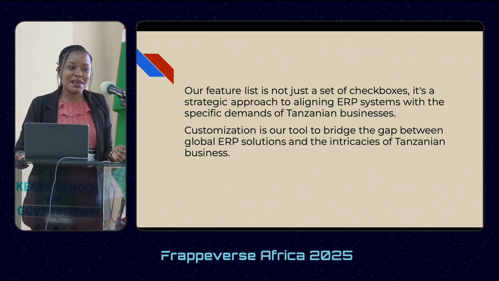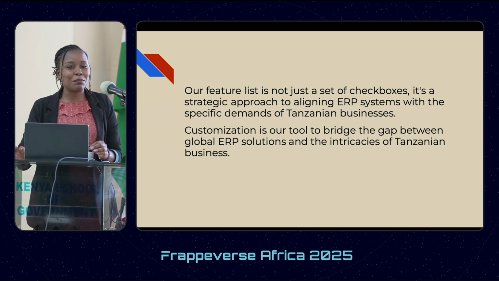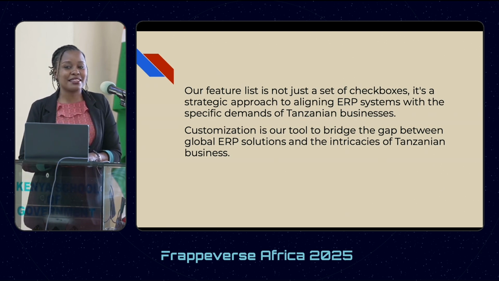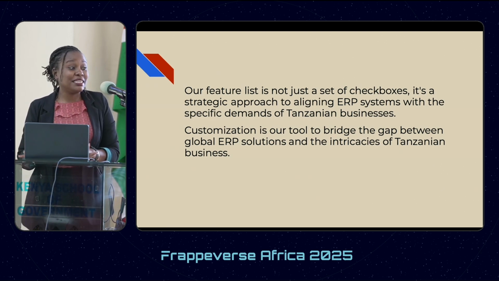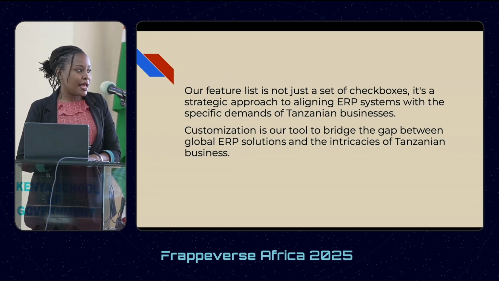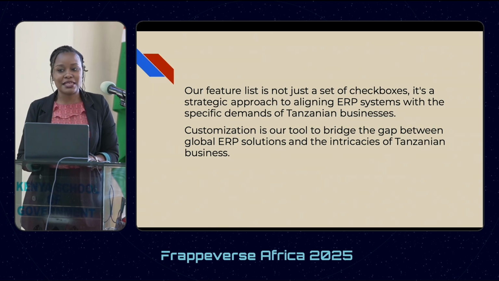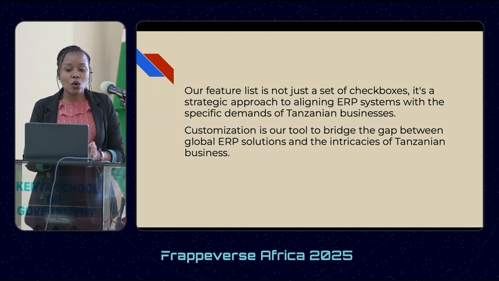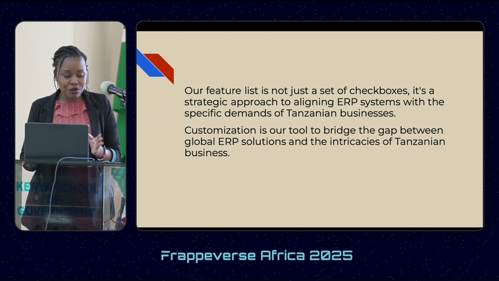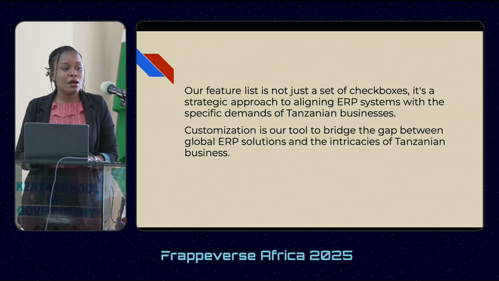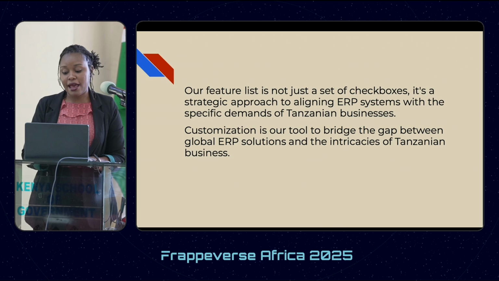Of course, as soon as a company understands that the system has a lot of things that can be done, they like to add high levels of customization. So our job is to direct them so that we don't over-customize the system, and to make sure that the core ERPNext still functions well with the enhancements that we are adding.